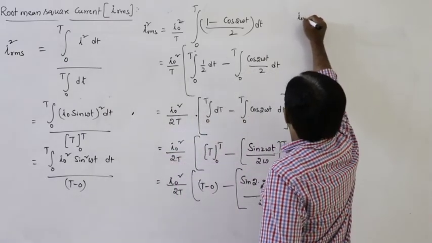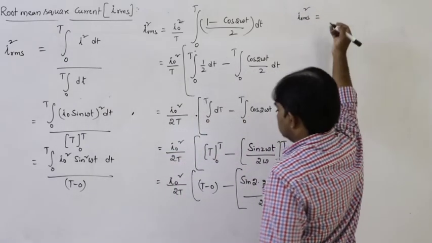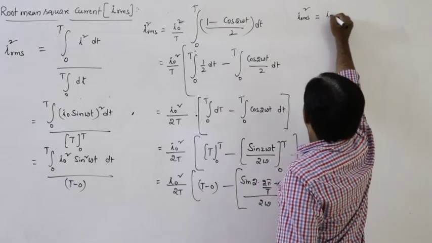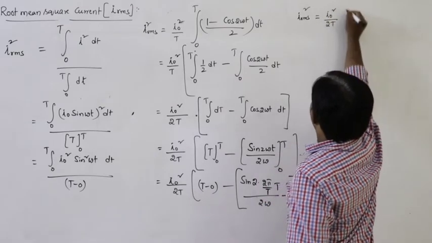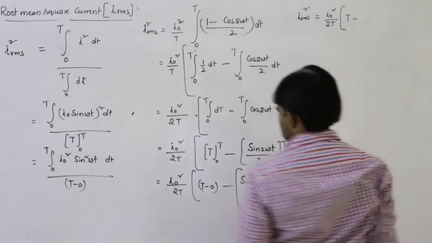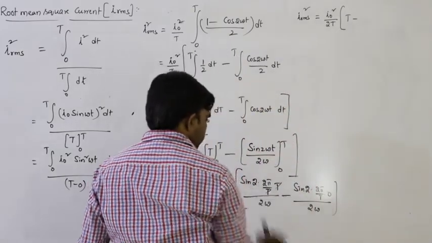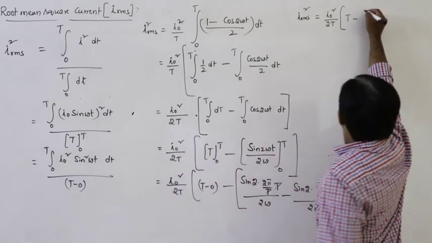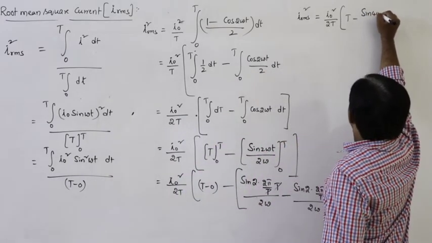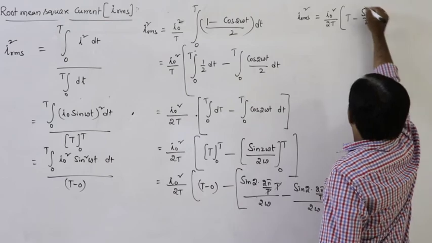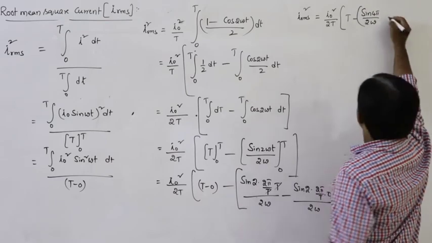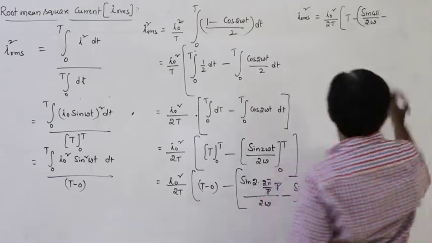So I RMS square is equal to I naught square by 2T into (T minus 0), and here T gets cancelled: sin 4 pi divided by 2 omega minus sin 0 by 2 omega.